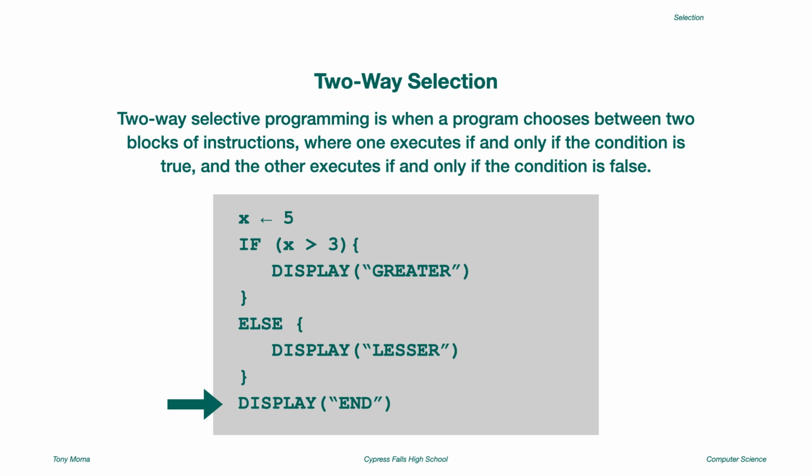After we display greater, we come down to the last line and display end. We execute this last line because it does not belong to either the if or the else block. It's independent. It's just a normal sequential instruction.